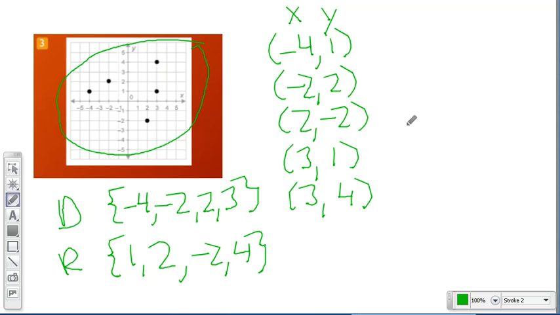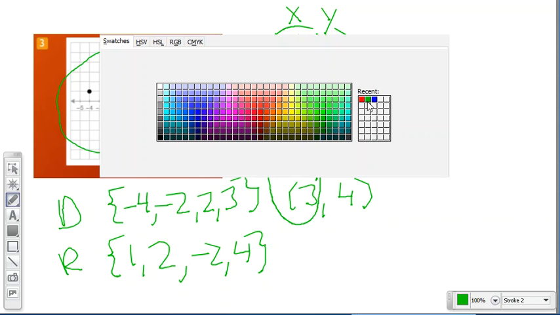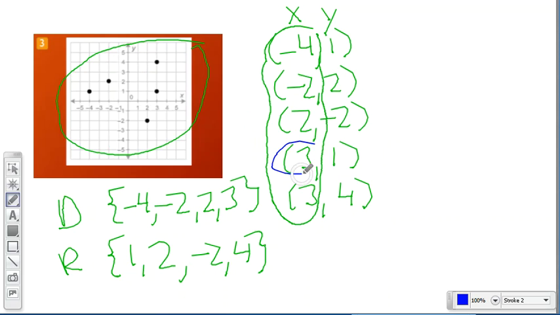One thing I want you to notice here is as we look through our x values, can you see that this x value of 3 is being paired with more than one y value?